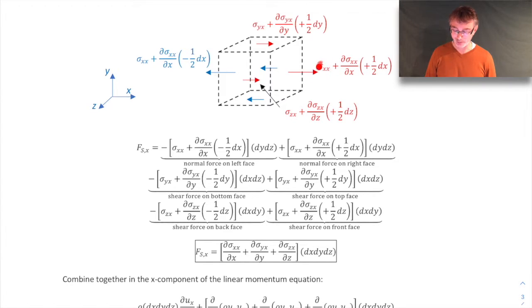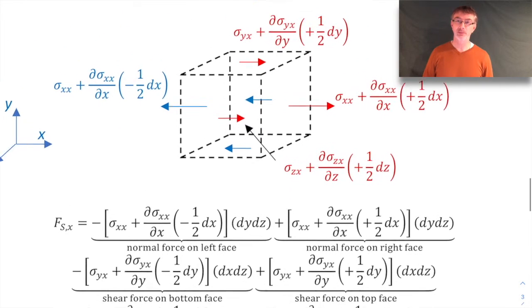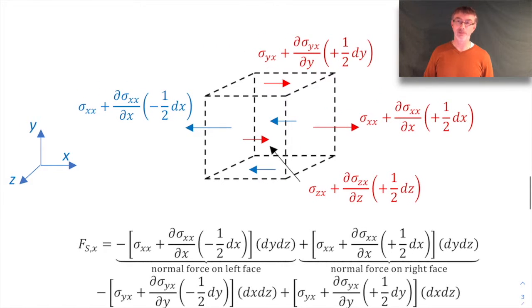So that would be like a sigma xx. If you remember from your strength of materials, the stress sign convention is the first subscript is what face you're on. And that face is the face with a certain normal vector pointing in a certain direction. So the normal vector on this face points in the x direction.